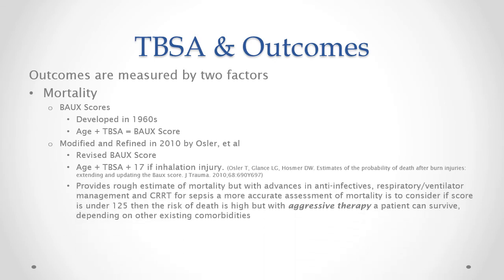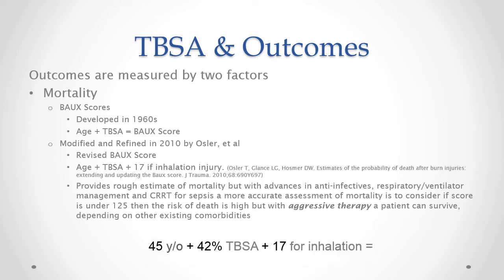And because we've gotten really good at anti-infectives, respiratory ventilator management, and continuous renal replacement therapy for sepsis, we have basically stated that if your Baux score is under 125, then your chance for death is still high, but with aggressive therapy, you will probably survive. So let's take our case study.